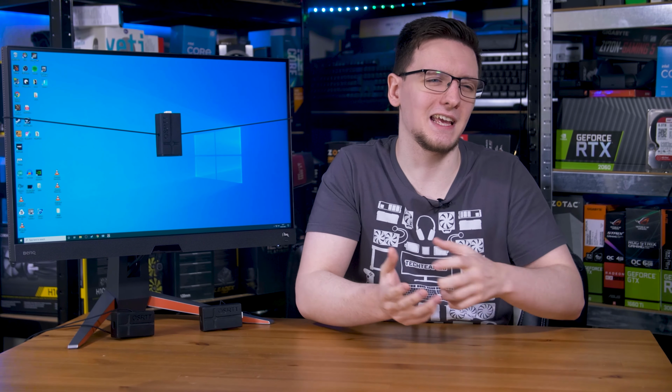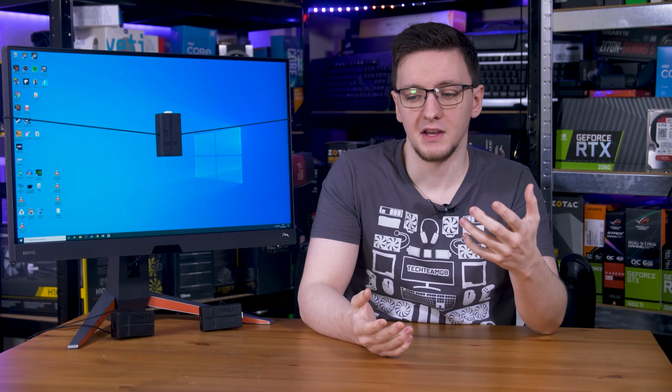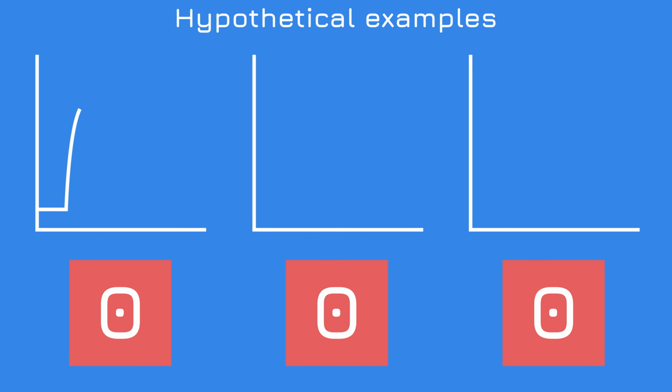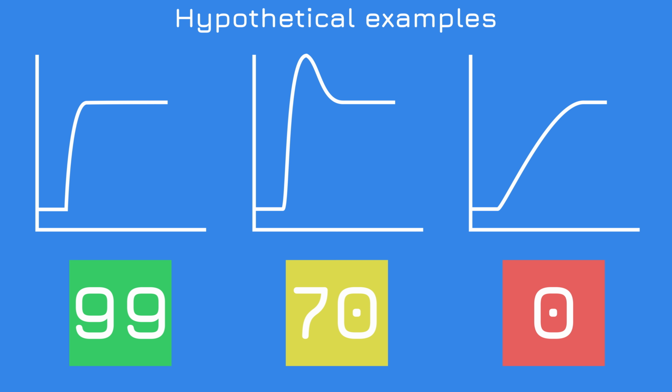In short, it's aiming to describe how a response actually looks to your eyes. A monitor that's fast with very little overshoot is going to score highly, whereas a response time that might be just outright slow, or that's still relatively fast but has to use a whole load of overshoot to get there, well, that's going to score poorly.